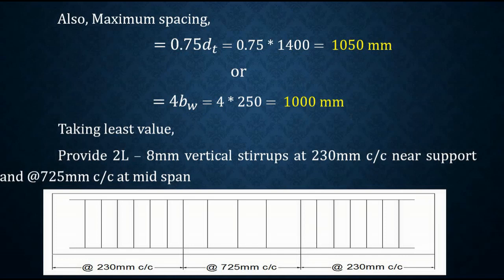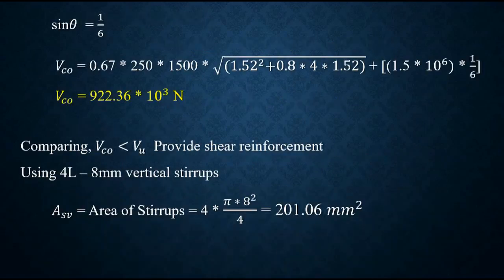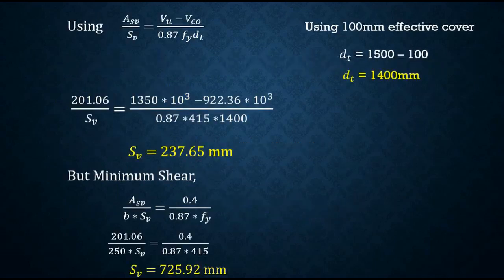In this, which one is the least value we should consider? That means in all the values, which is the least value, we should consider that. It is 237 is the first value.